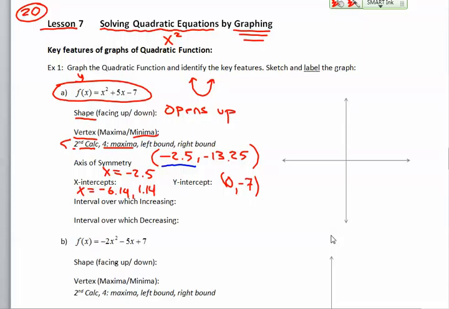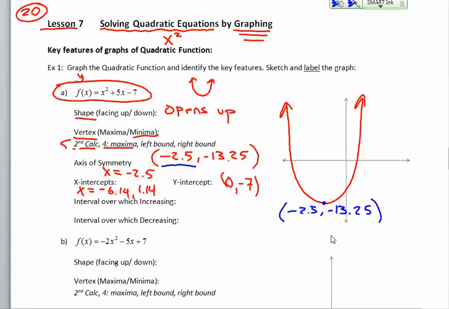It should look something like this. I've got a parabola facing up, and I can label these points. I can label my vertex, which is at this point, (-2.5, -13.25).